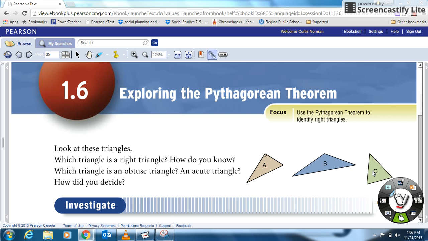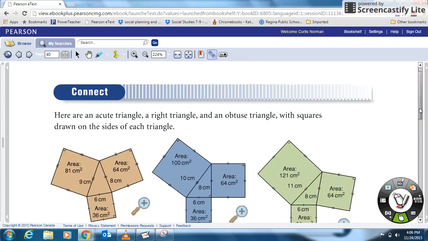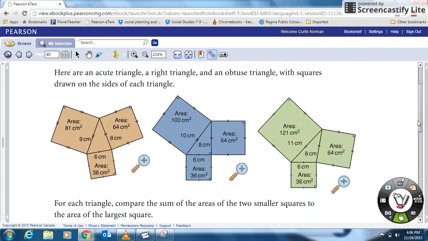So basically we're going to take all our schema and prior knowledge about Pythagorean's theorem and use it in today's lesson. I'm going to give you three triangles right here, in blue, green, and let's call this one red.